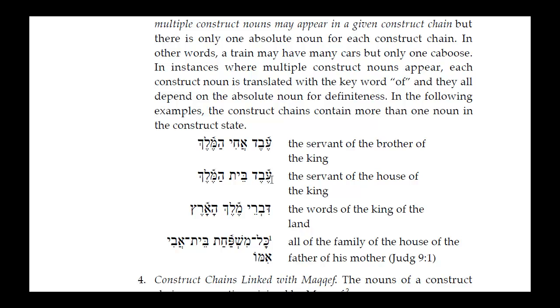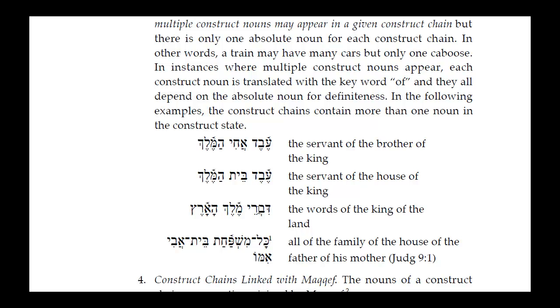Same thing, they are definite because Hamelech has a definite article. We have Divrei Melech Haaretz. The land has the definite article here, and this is the absolute noun. Melech is construct and Divrei is construct. We would translate this as the words of the king of the land.